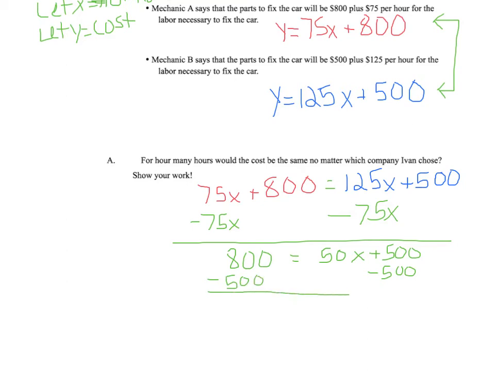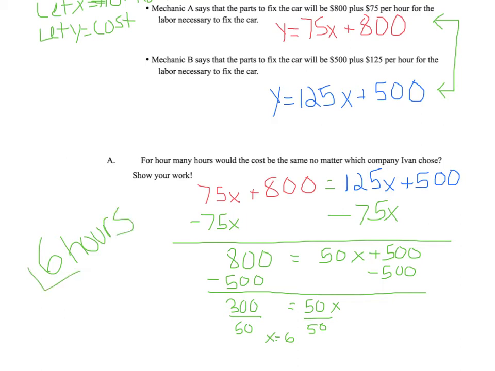I'm going to get 300 equals 50x. Divide by 50. I'm going to get x equals 6. So what this means is at 6 hours, the cost will be the same no matter which mechanic Ivan chooses.